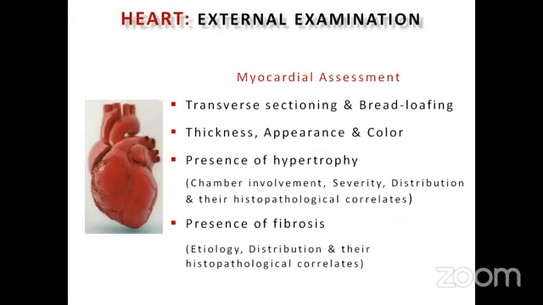The myocardial assessment was performed by transverse sectioning, and if there was any kind of pathology, we actually bread-loafed the myocardium. We saw the thickness, the appearance and color, and the presence of hypertrophy and fibrosis, both on gross assessment as well as on histopathology.